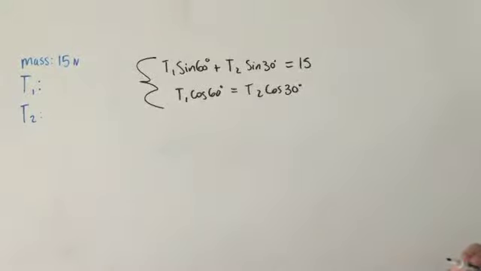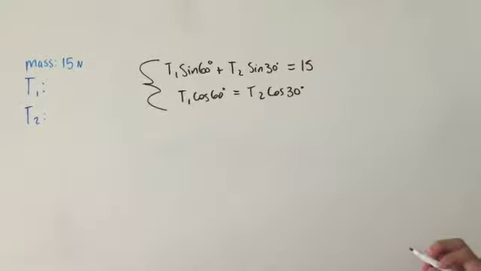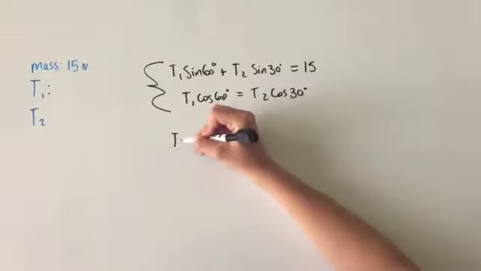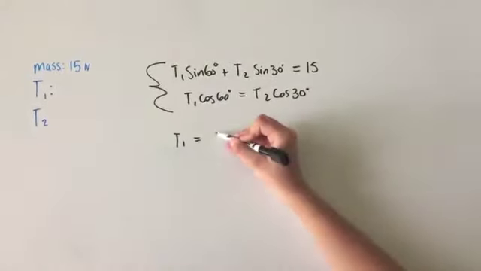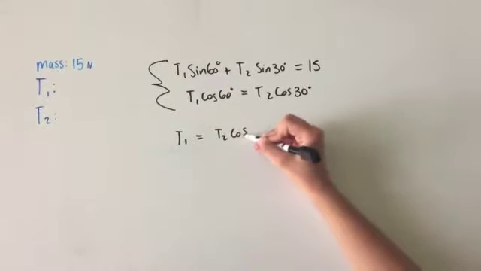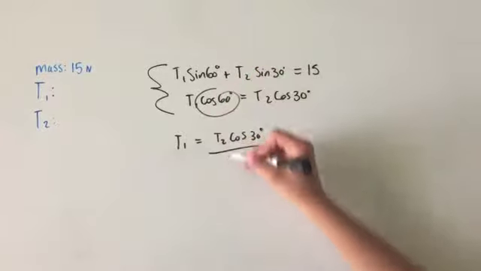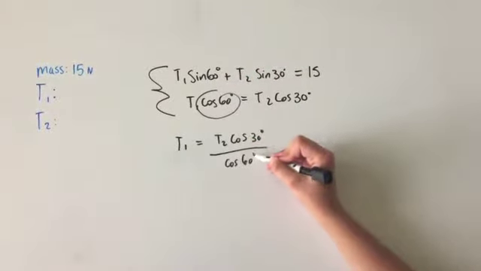So using this system, we can solve for both T1 and T2, but first we have to isolate one of the variables. So we can say T1 equals T2 cosine 30 degrees over cosine 60 degrees.